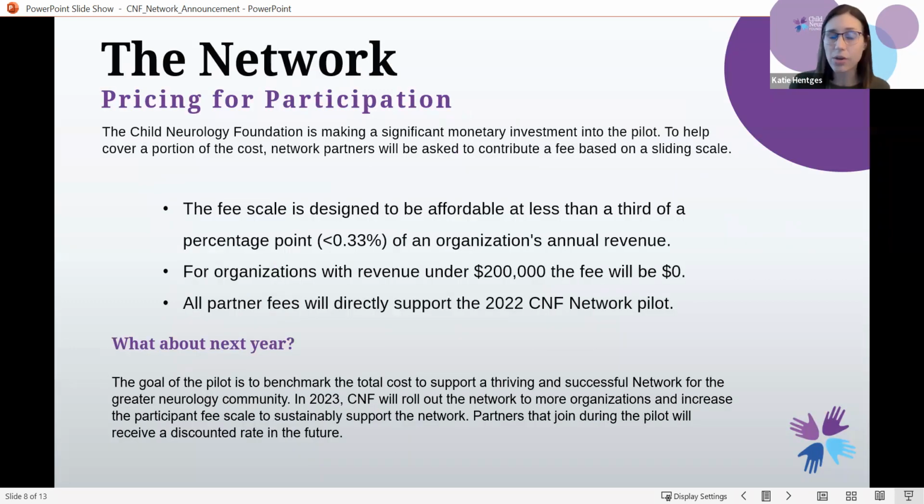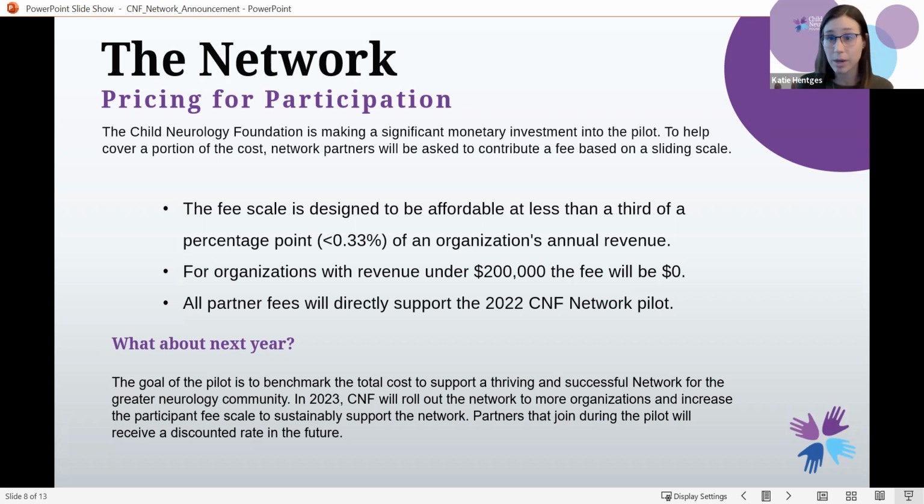Because of this, there is a small fee for participation for national patient advocacy organizations to join. CNF does have some sponsors for the program initially, but it does not cover the entire cost of the actual Tableau environment that is required to aggregate our data. So if people are interested in joining, there will be a small fee associated with it.